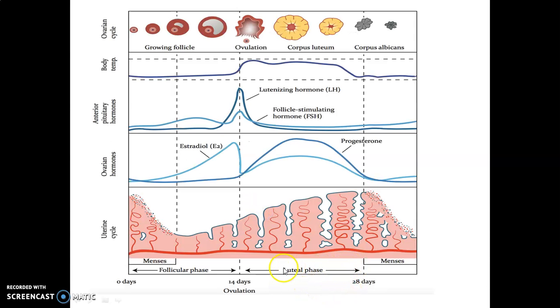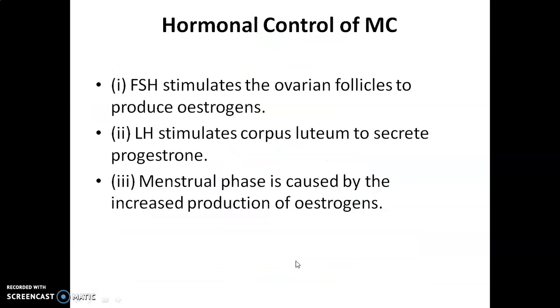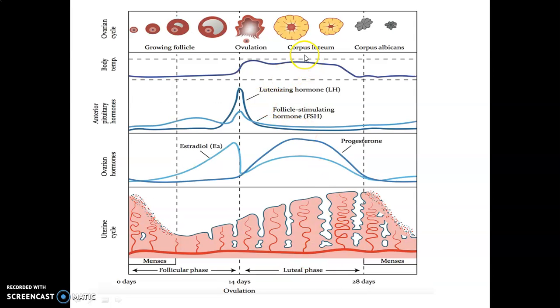Here you can see changes in corpus luteum and follicle stimulating hormone. After that, if fertilization takes place, pregnancy will happen. Otherwise, the first phase, the menstrual phase, starts again and causes the menstrual bleeding. Clear? That is menstruation.